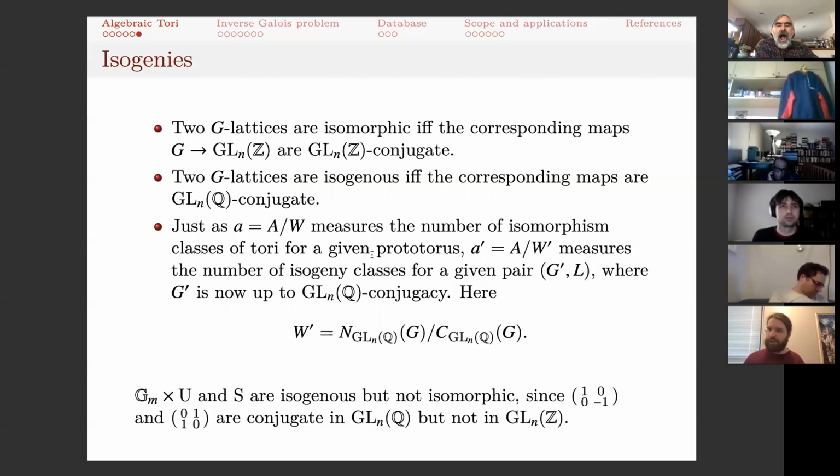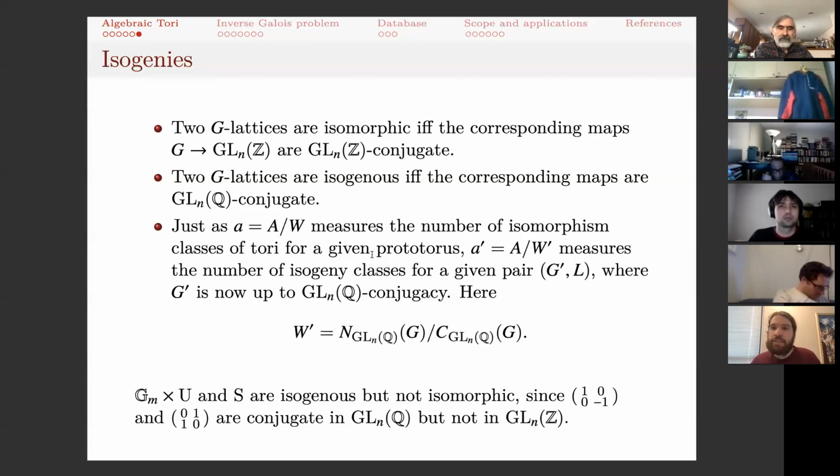You can just modify the story by changing W to some W', which measures the normalizer modulo the centralizer in GL_n(Q). And now you get the same kind of thing: you get G' measured up to GL_n(Q) conjugacy together with a field extension with the right Galois group, and then you get a number of isogeny classes of tori given by this quotient A'.